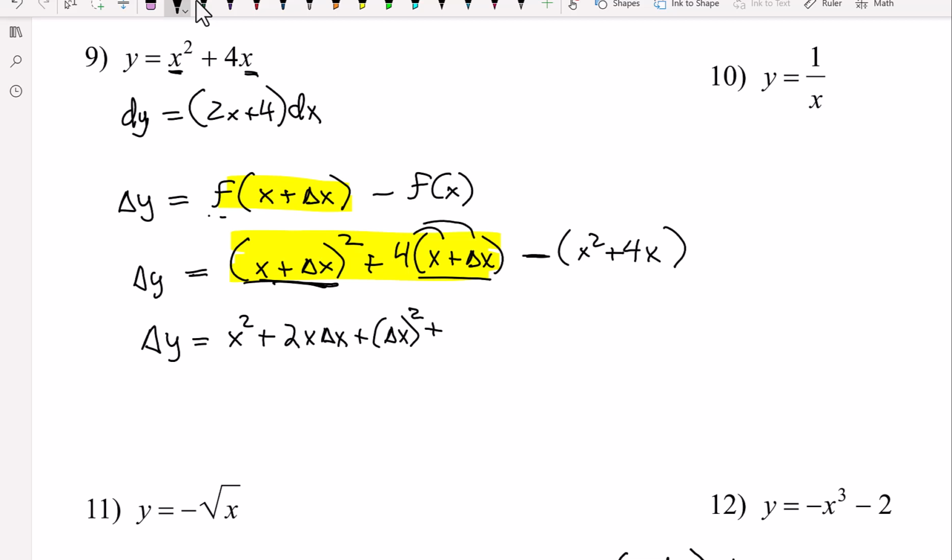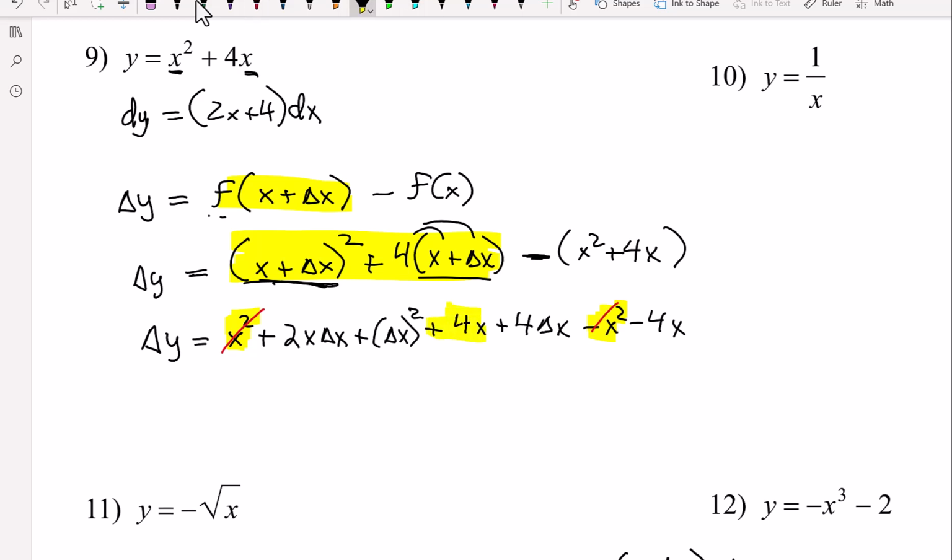We're going to do the distributive, plus 4x plus 4 delta x. And this subtract applies to both of them. So subtract x squared, subtract 4x. Here's a positive x squared, here's a negative x squared. Those cancel each other out.